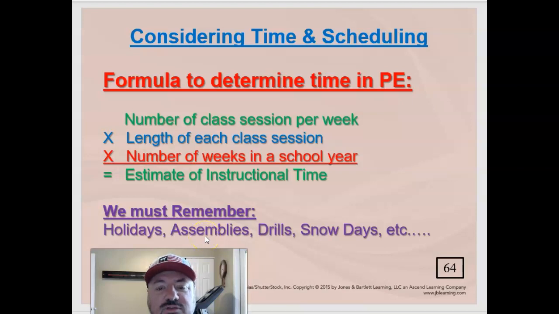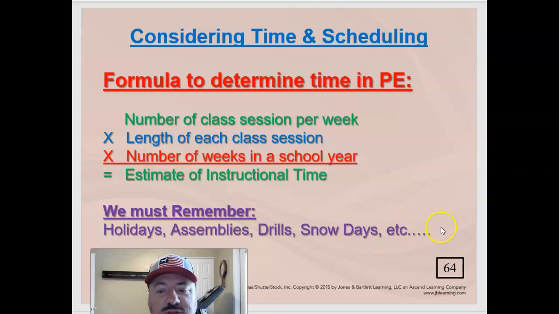The things we must remember is we're going to lose time due to holidays. Schools generally have assemblies, possibly every quarter or every semester. There's going to be drill days. There's going to be some snow days or weather days or possibly online days. So we've got to remember all those things, plus the days that we may lose our facility and not be prepared, such as picture day, or it might rain outside, so we have to move inside and alter what we're going to do.